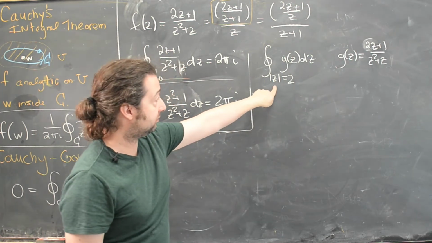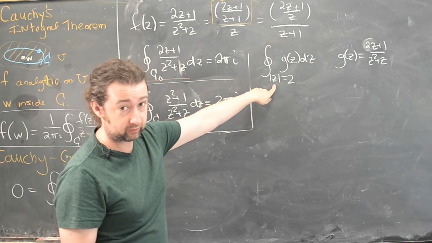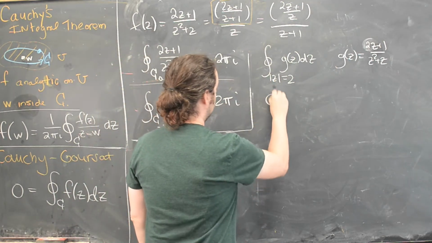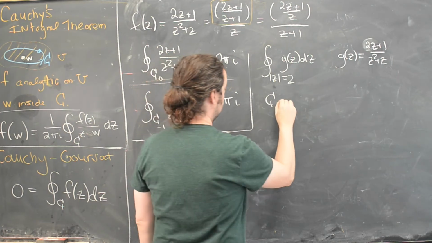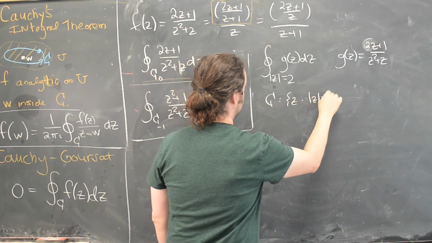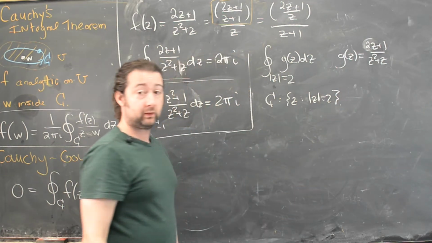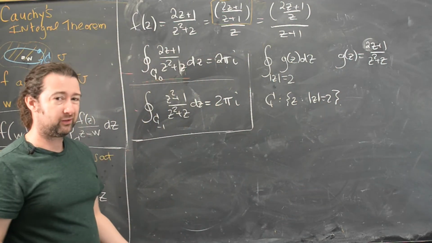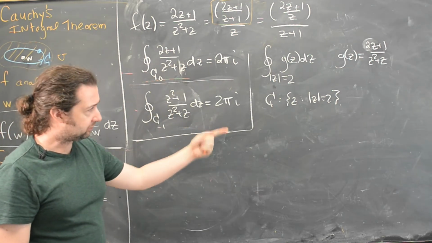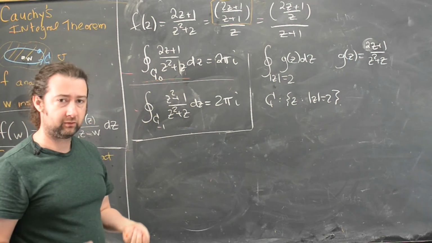So this contour where the radius of z is 2, or the modulus of z is 2, we're going to call that contour C. So C is the contour of interest, which is the set of points z, so that the absolute value of z is 2. Now the issue is I can't use the algebraic tricks that I used to figure out these integrals, because that contour contains both of the asymptotes of the function.